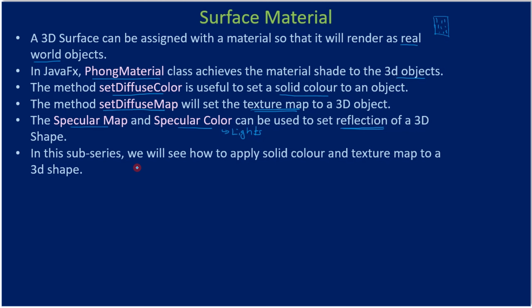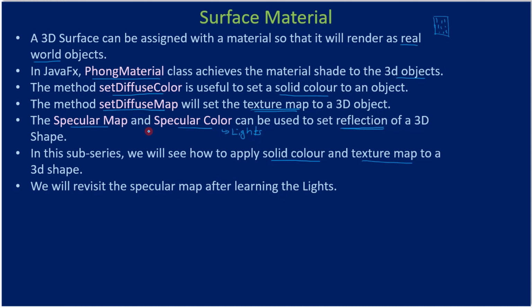In this sub-series, we will learn how to apply solid color using diffuse color, then texture map using setDiffuseMap to a 3D shape.